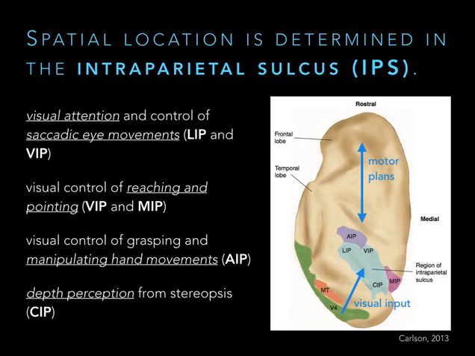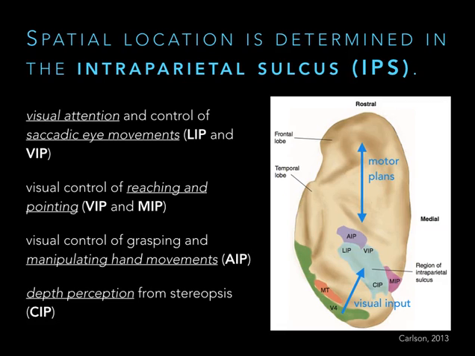So this is telling the intraparietal sulcus what we're looking at, what are the objects, what are the shapes that we're seeing. There's also input from the frontal cortex, where we have plans about our motor activity. So here in the dorsal stream, we can take our visual input and use that to guide our motor plans. So we'll receive input of how we're moving our eyes or our hands, and how we should modify those movements based on our visual input.